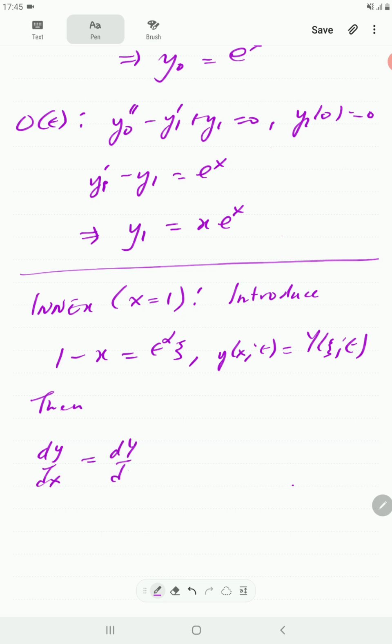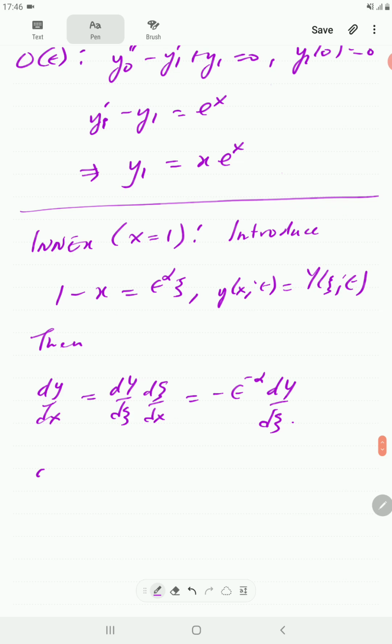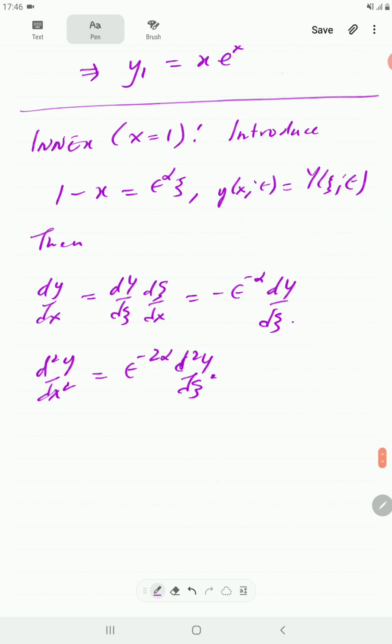So dY/dx, this is going to be negative epsilon to the power minus alpha dY/dxi, because of this negative sign there. And then the second order derivative is going to be as before, epsilon to the power minus 2 alpha, second order derivative of Y.